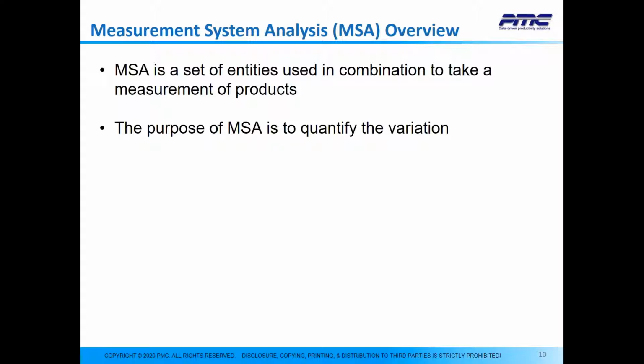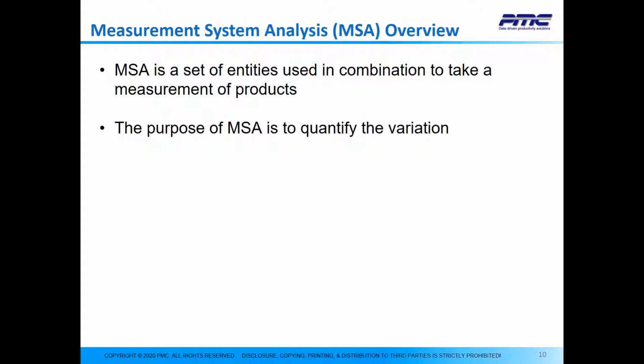The measurement system analysis, MSA, is a set of entities used in combination to take a measurement of products, or sometimes product key characteristics, key features, or process key parameters. Some of these entities may include the gauges, the standards, the operations, the software, the personnel, environment, and the methods that personnel are using, and so on and so forth.